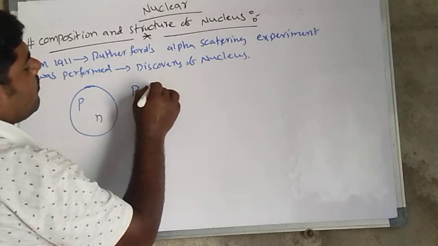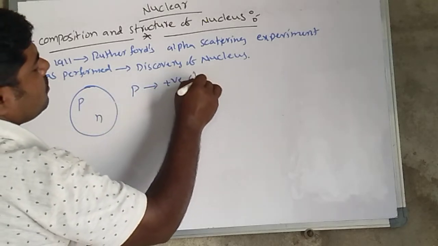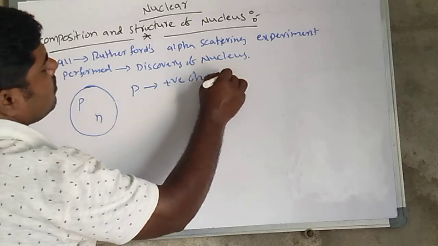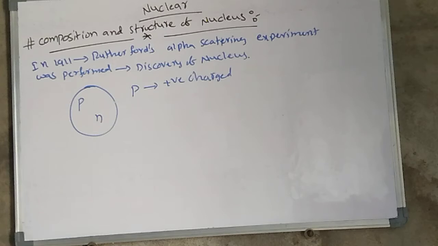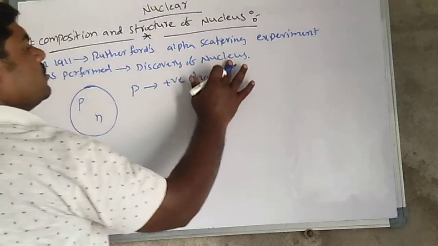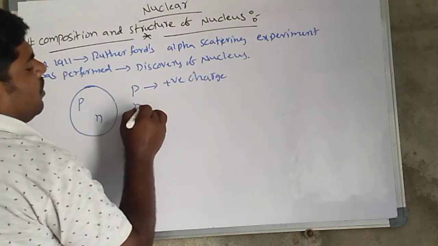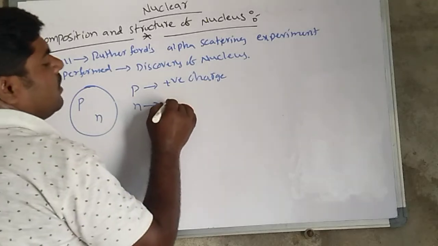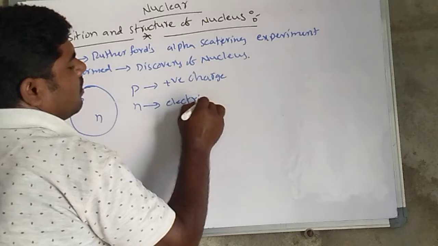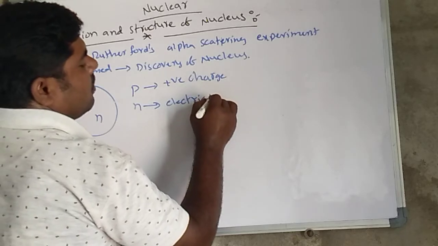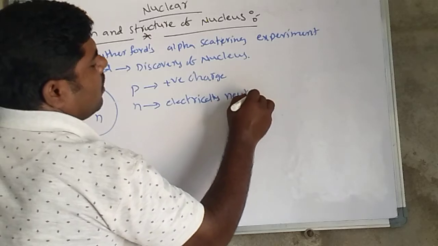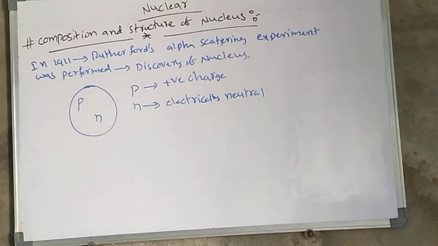The proton is a positively charged particle, so positive charge. The neutron is electrically neutral, there is no charge.